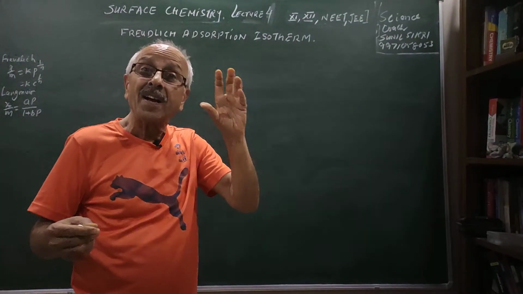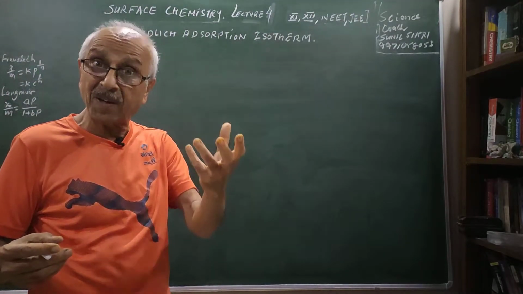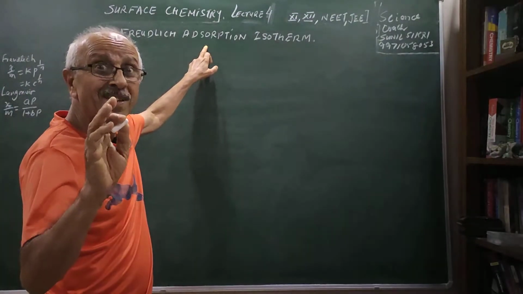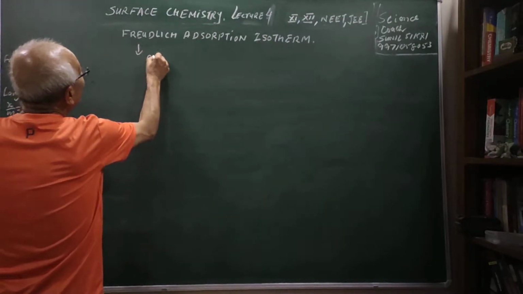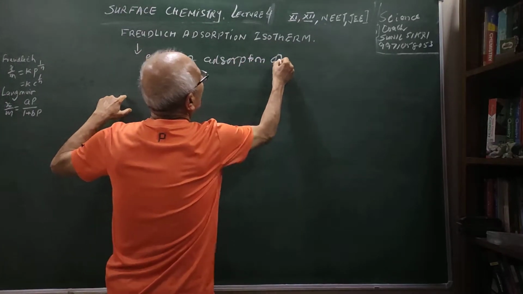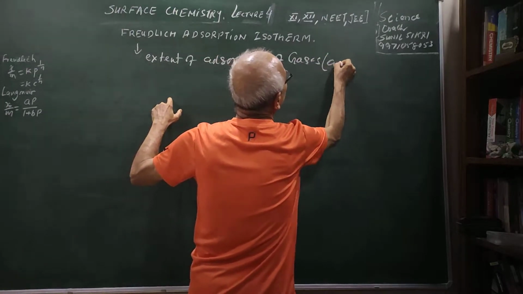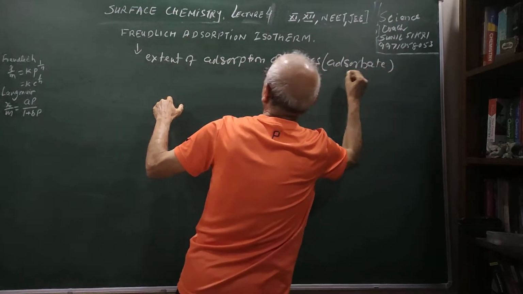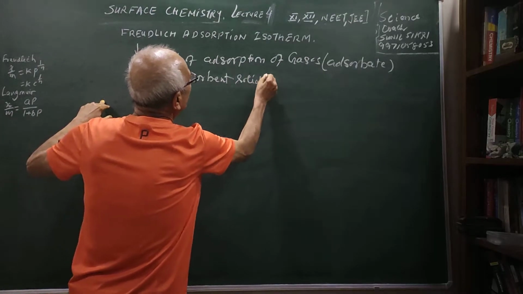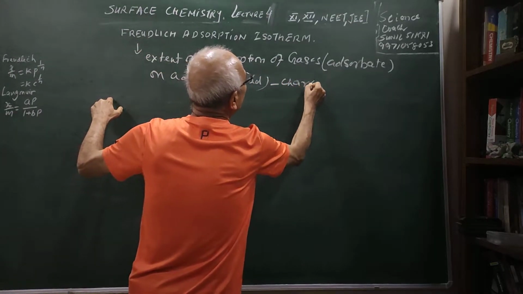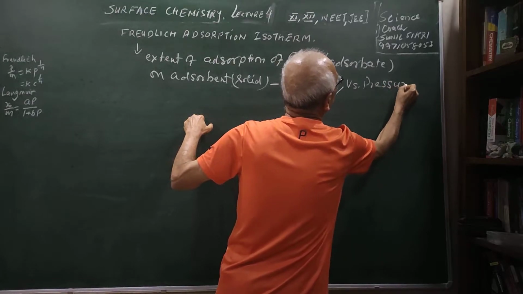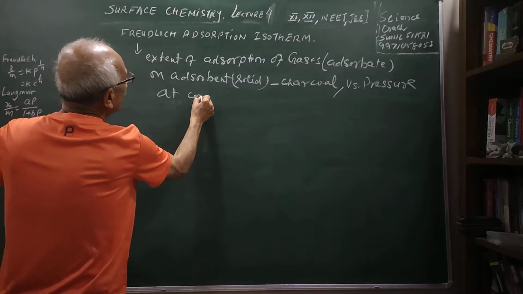Gas is an adsorbate and we have an adsorbent, which may be charcoal. Freundlich studied the extent of adsorption of gases, which is my adsorbate, on adsorbent, which is our solid, for example charcoal, versus pressure at constant temperature.